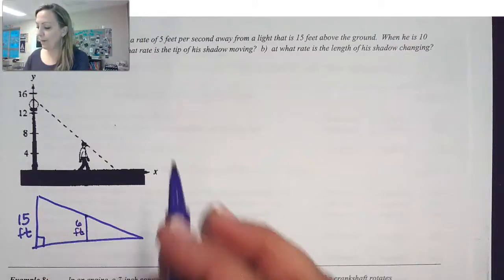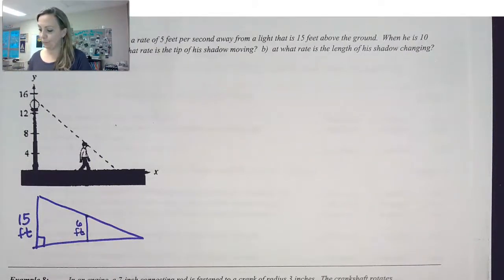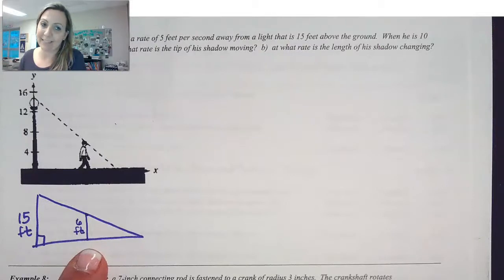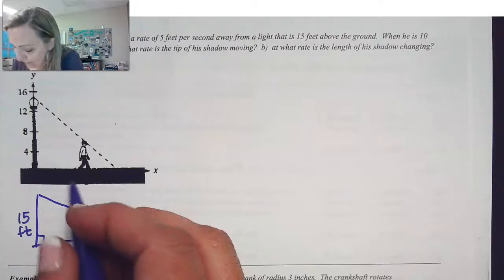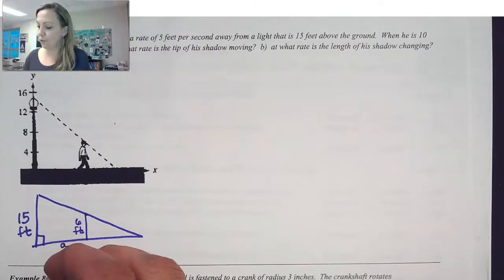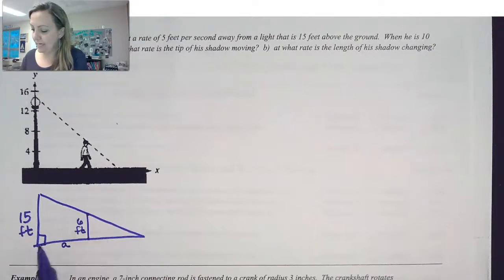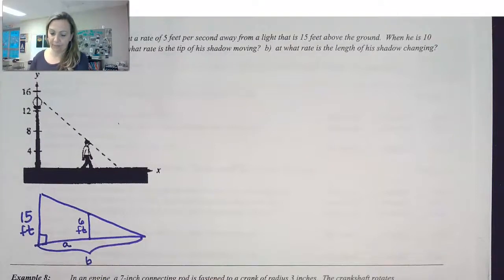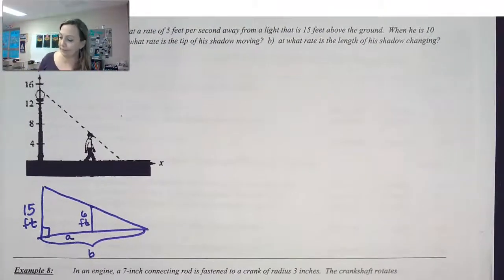What's happening is that we have these similar triangles. Again, this is just a picture at one point in time. Yes, he is always 6 feet. We're going to call the part between here and here A, and this part here B. I think you'll see why in a little bit.